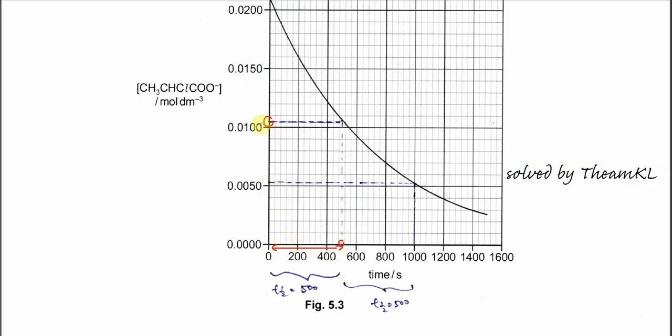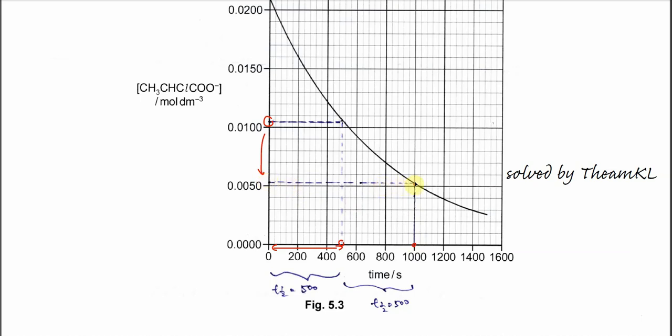Now 0.0105 will reduce its concentration to half, so let's say to here. When the concentration is now half, we can get another half-life. It's about 1000 seconds at this concentration.